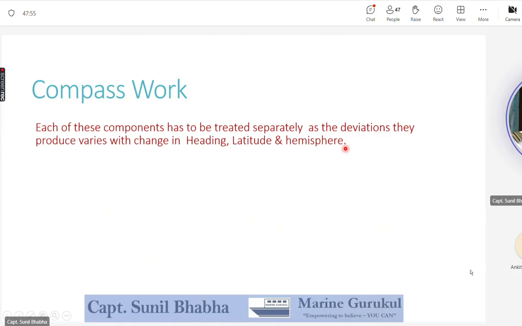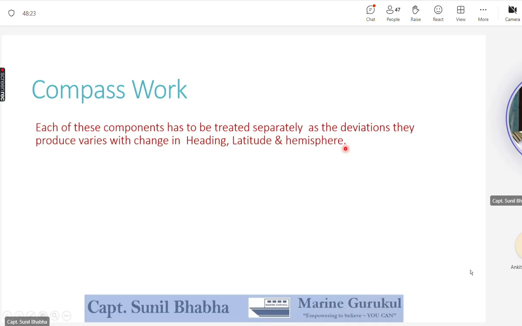If the ship is heading in a fore and aft orientation, the fore and aft longitudinal is the most powerful. It is magnetized by the Earth's magnetic field. So we should have a corrector which should be able to judge this and provide a correction in the fore and aft direction of the same amount. Now when the ship goes to an easterly course, the fore and aft longitudinal loses its entire induced magnetism.